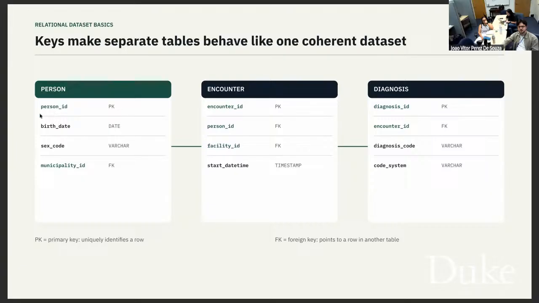A patient is going to have a person ID. This person ID can then be tied to the person ID in the encounter database. But if you want to look at the diagnosis, you don't have the person ID. You only have the encounter ID. So knowing how to connect these different tables is really going to be important in your data model.